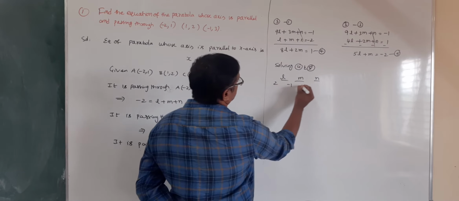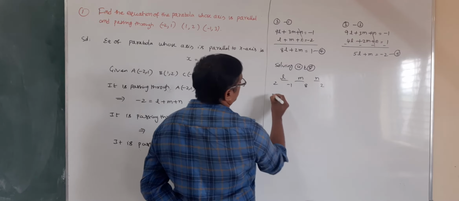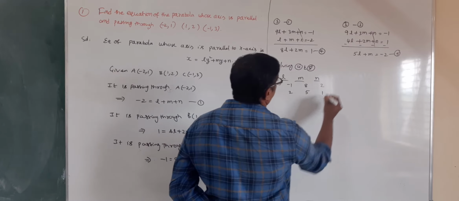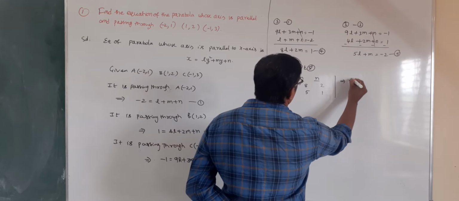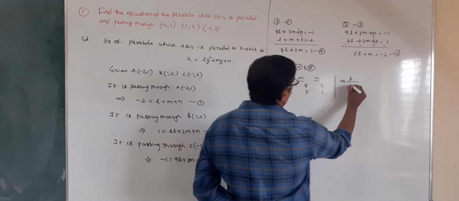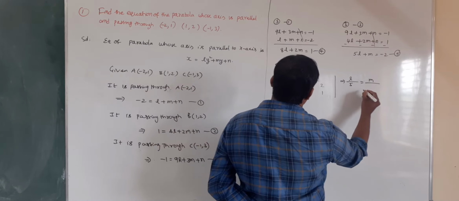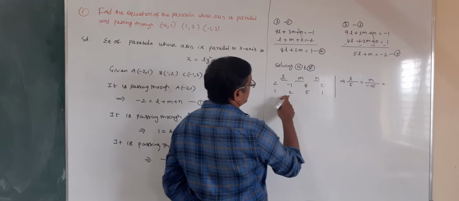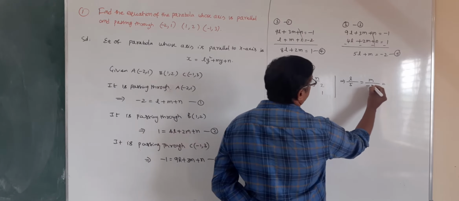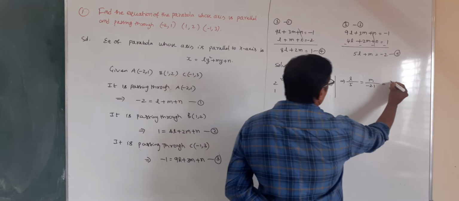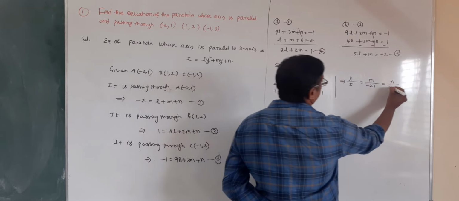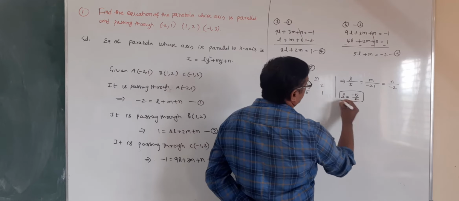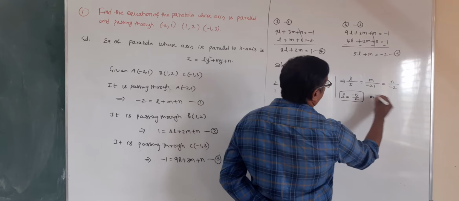You will get l by 5 is equal to m by minus 15, minus 5 minus 16, so minus 21 is equal to n by 8 minus 10, so it will be minus 2. So l is equal to minus 5 by 2 and m is equal to 21 by 2.